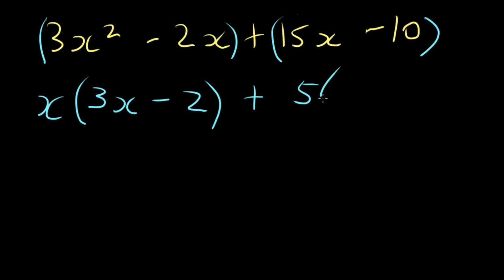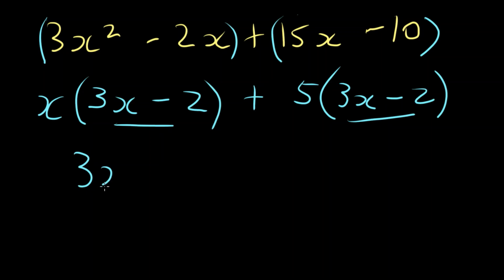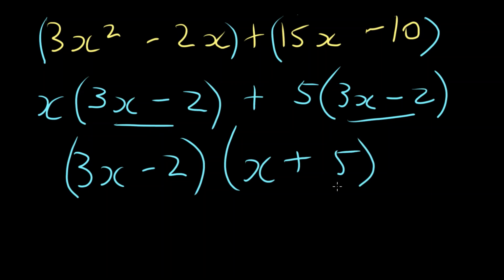So 5 times 3x minus 2. So we can see that 3x minus 2 is the common factor here, so we can put that out the front. 3x minus 2 and x plus 5. Remembering x plus 5 came from here. And that's our factored form.